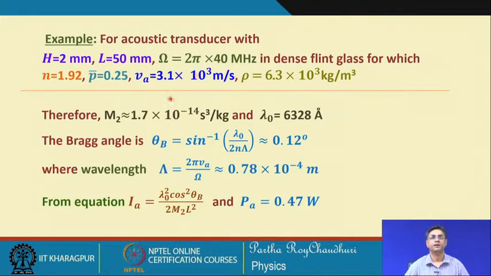The velocity of the acoustic wave in such a medium is given by this, and rho is the density of the flint glass medium.